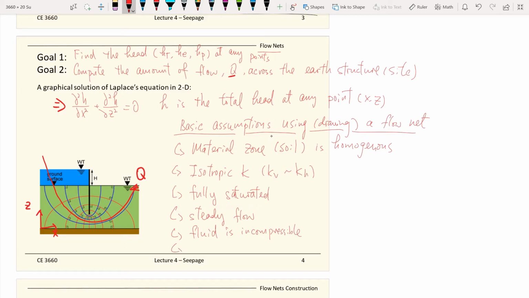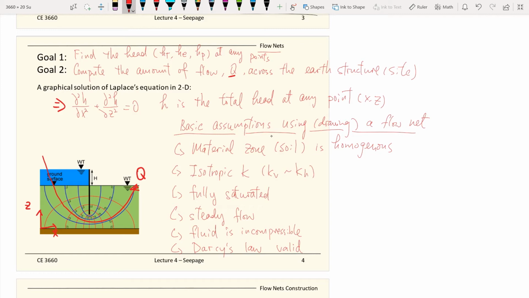And last but not least, the flow net assumes Darcy's law is valid. You may say, hold on, at the beginning we said a 2D flow is curved and Darcy's law doesn't work.